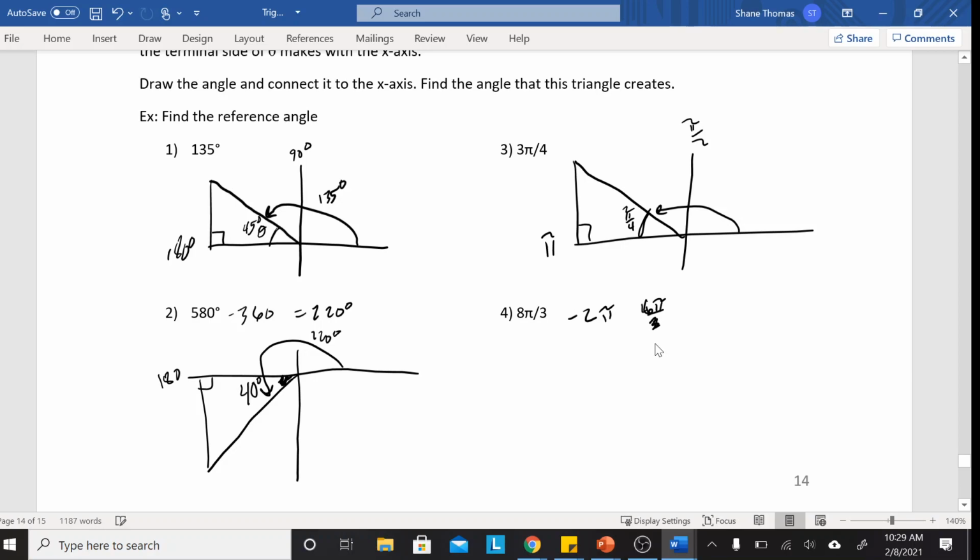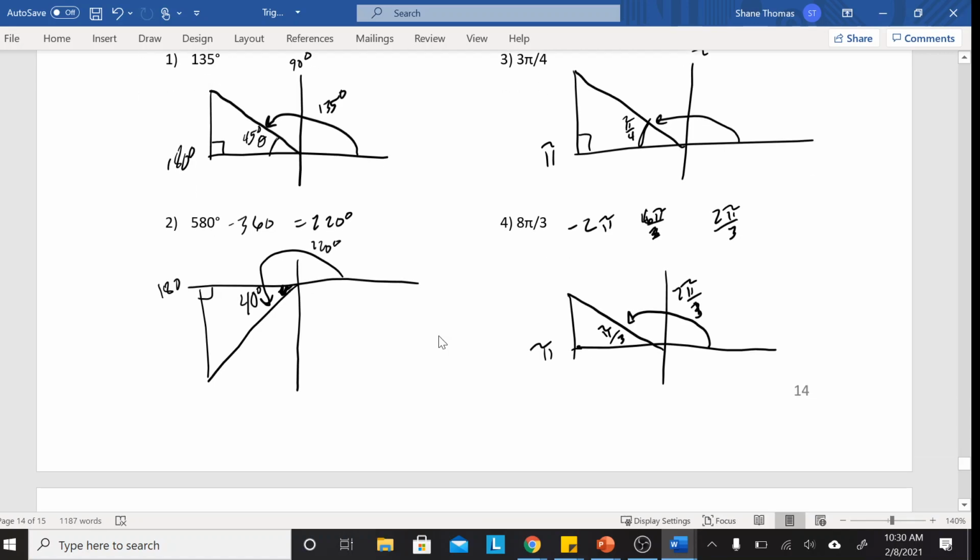So I subtract that off, and that's going to leave me 2 pi over 3. So 2 pi over 3 is the same as 8 pi over 3. 2/3 pi is going to be in quadrant 2. It's going to be over here. This is 2/3 pi. I want to take that to my x-axis. My x-axis is at pi, so subtract 1 minus 2/3. This is going to be pi over 3. So all I did was standardize those angles.